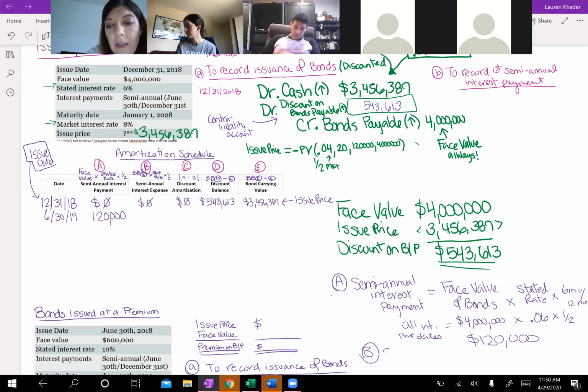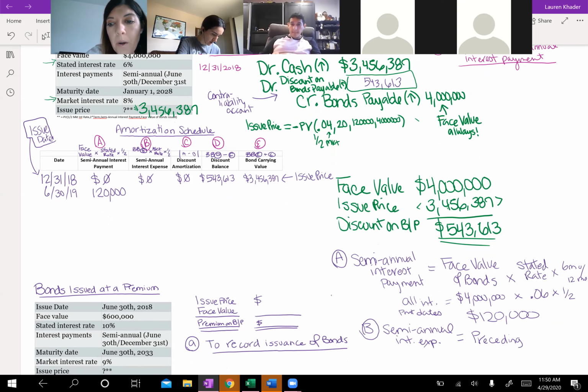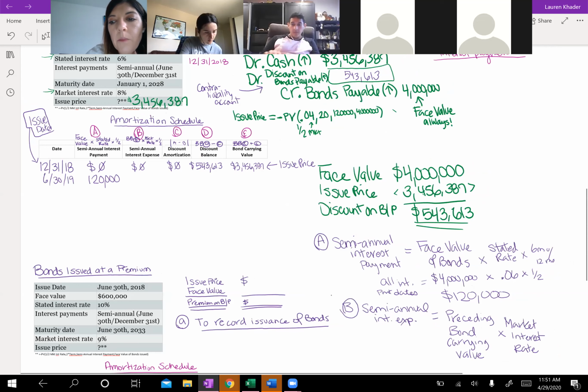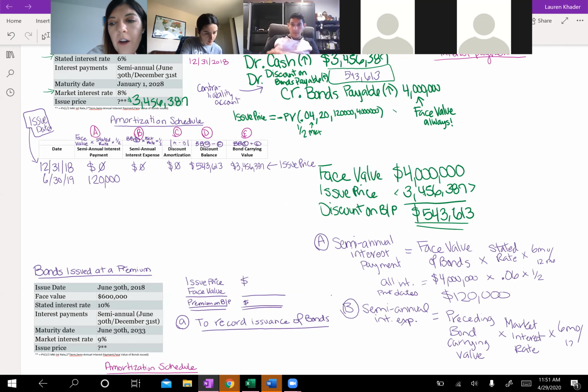So to calculate the semi-annual interest expense, so the amount of interest we're going to record in the income statement, we're going to take the preceding bond carrying value times the market interest rate times 6 months divided by 12 months per year.